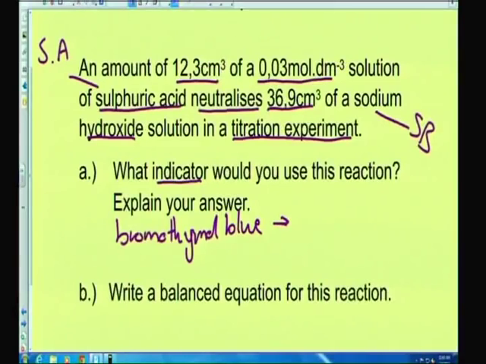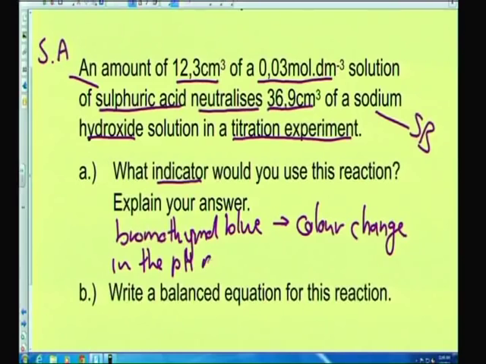The reason we're choosing this one is that there's a color change in the pH range where neutralization takes place, where neutralization occurs.